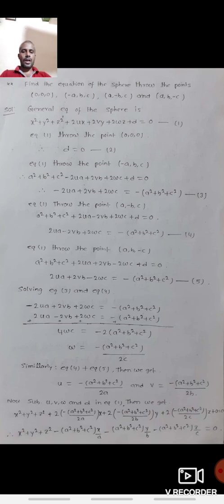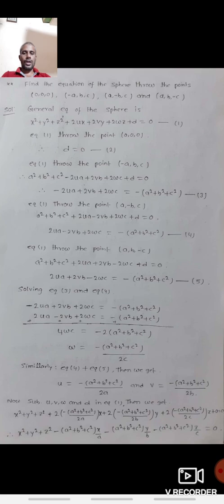Now I am adding equation 3 plus equation 4. In equation 3, -2ua is negative; in equation 4, 2ua is positive. Similarly, in equation 3, 2vb is positive; in equation 4, -2vb is negative.